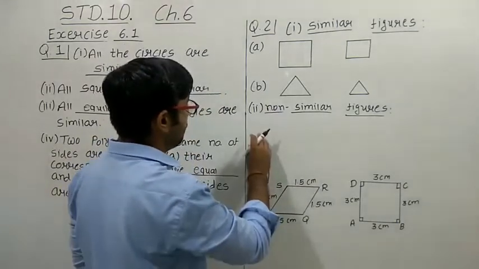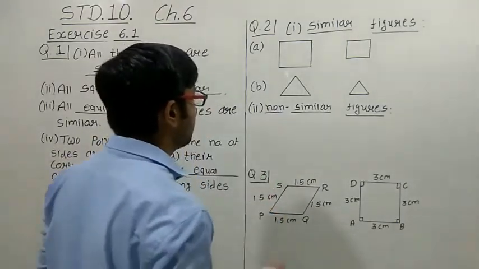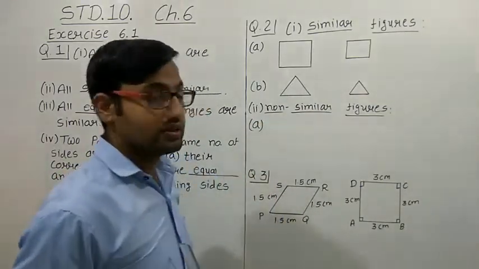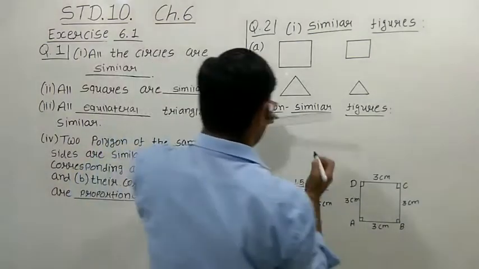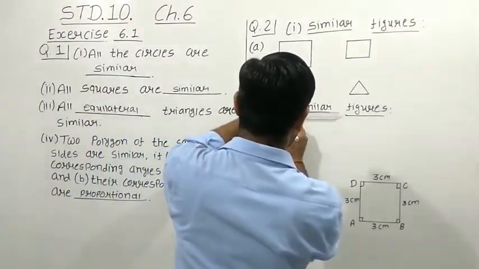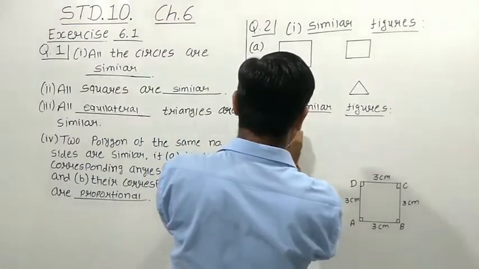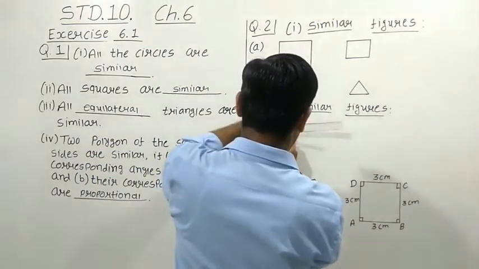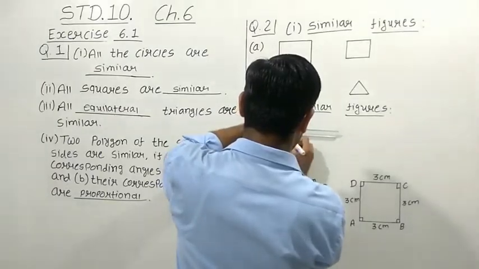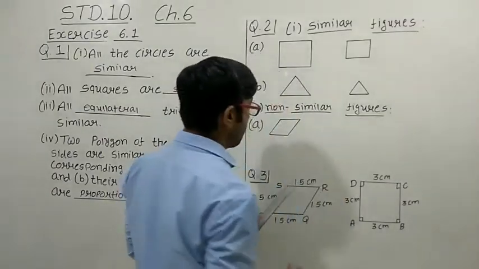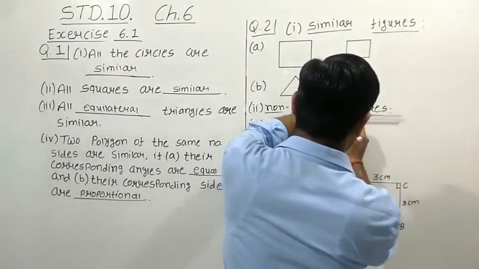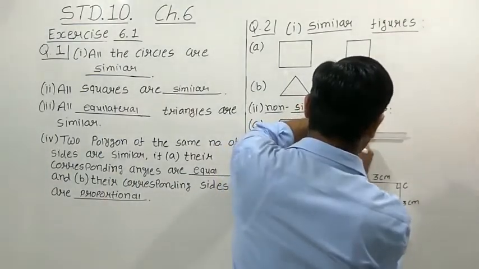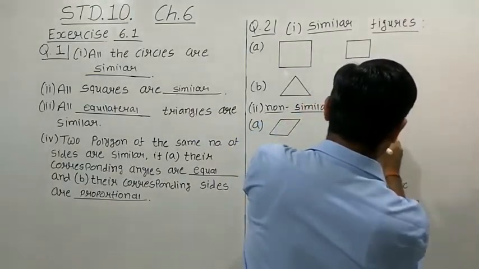Now we have to give two examples of non-similar figures. For the non-similar figures, we can use a rhombus and a rectangle.